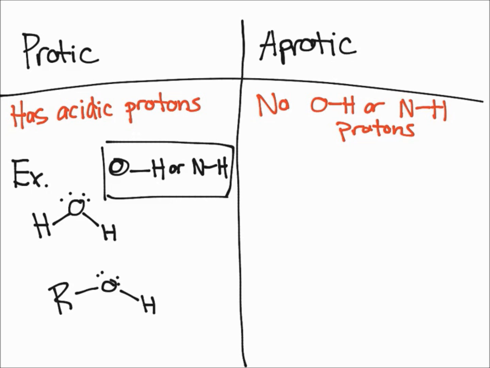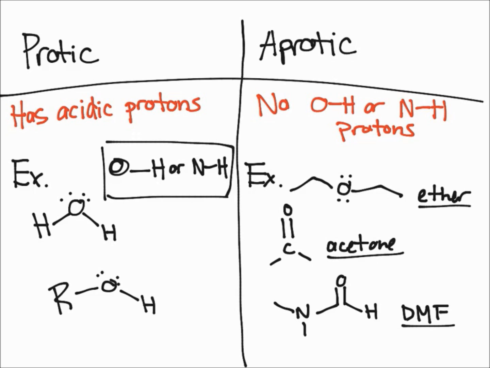This is going to contrast with the aprotic solvents, because aprotic solvents have no OH or NH protons. Let me draw some examples. As you can see, you have an ether.